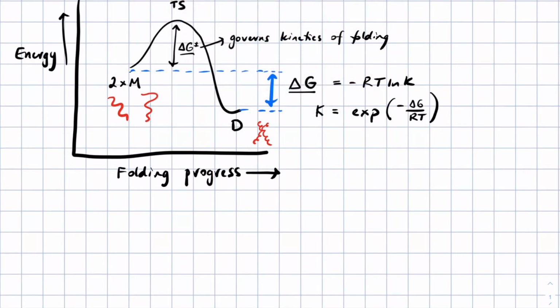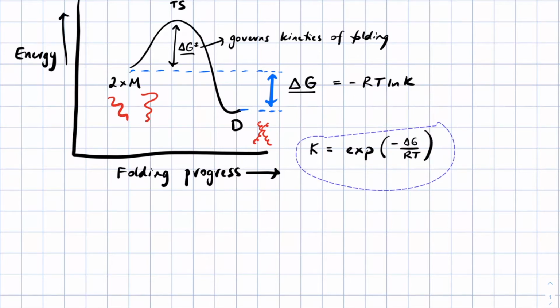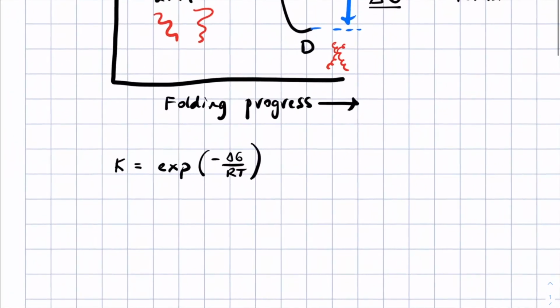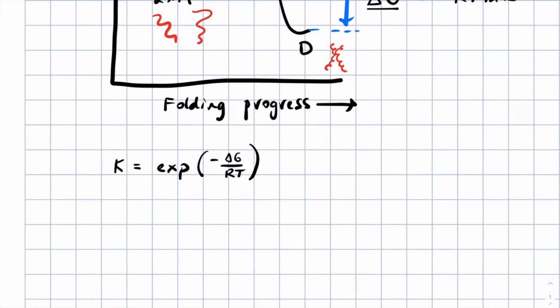Now, let's describe that equilibrium constant in terms of the concentration of monomer versus the concentration of dimer. All right?